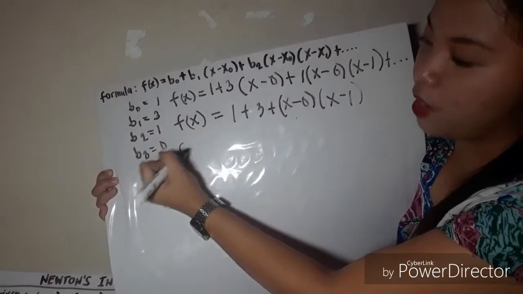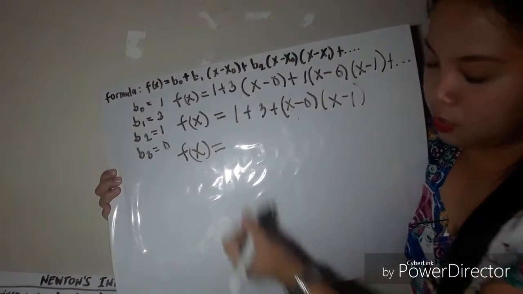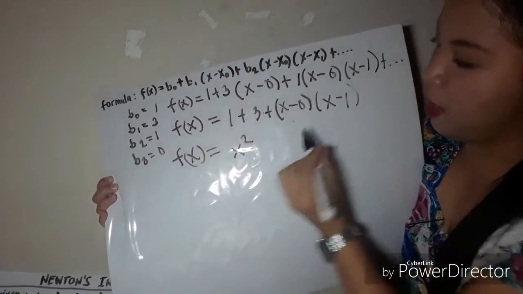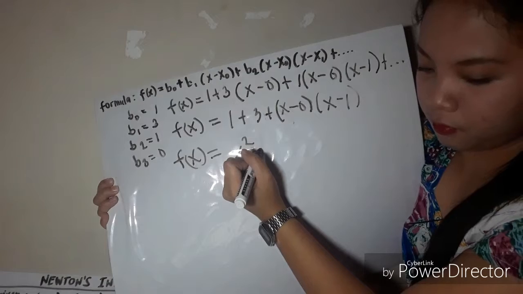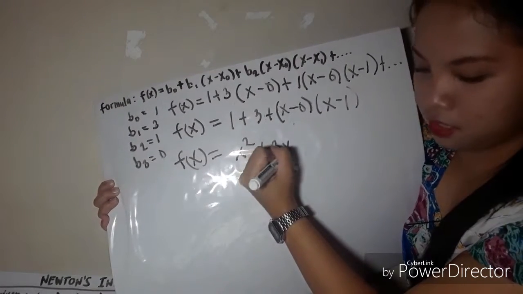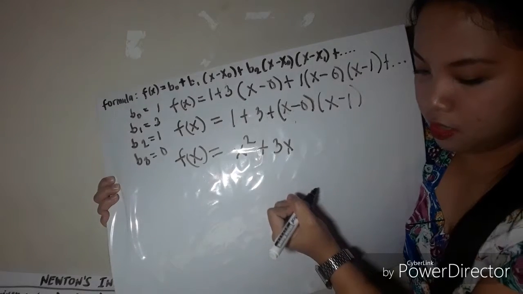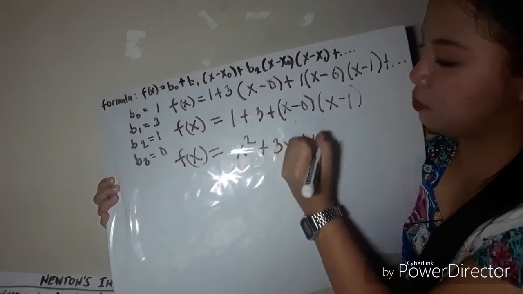Then our f of x will be x squared, x multiplied by x, plus 3x minus 1x plus 1.